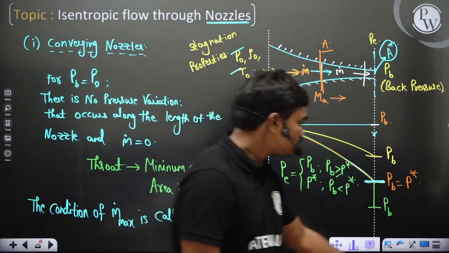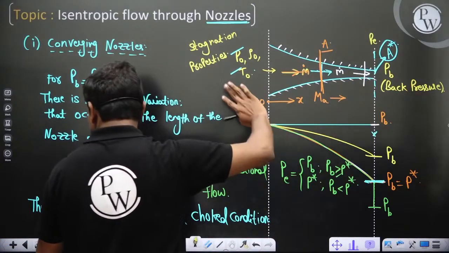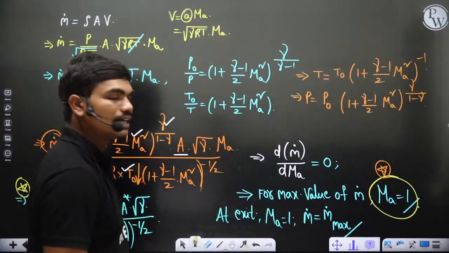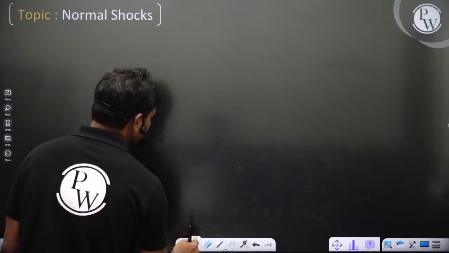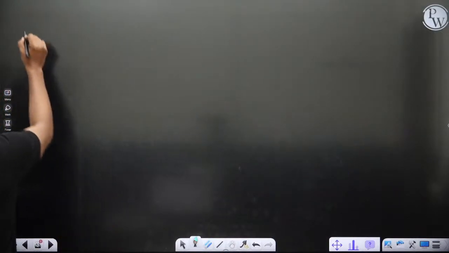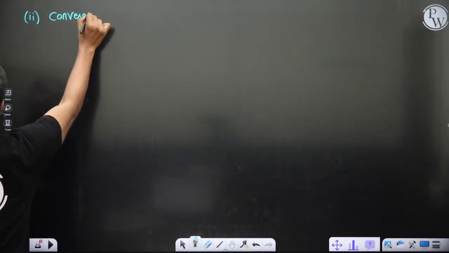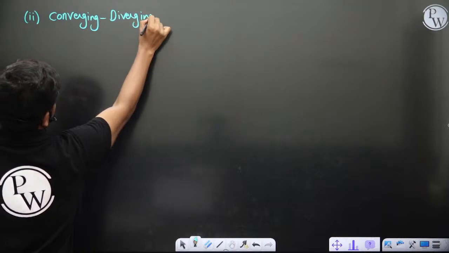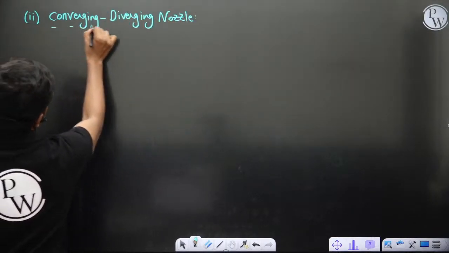Okay, now let's talk about the same situation in this diagram. Here I have done a bit of maths to explain how this happens, but in the case of converging diverging nozzles, I'll directly give you the results. Why is there a need for developing a converging diverging nozzle?